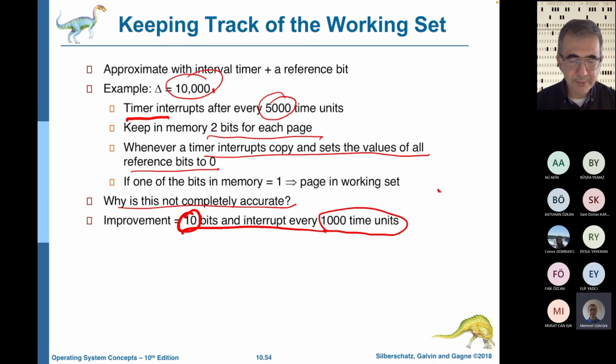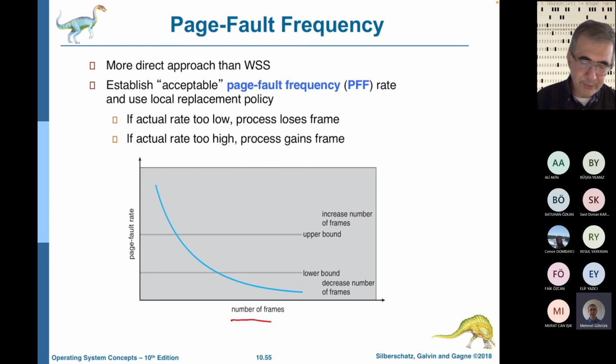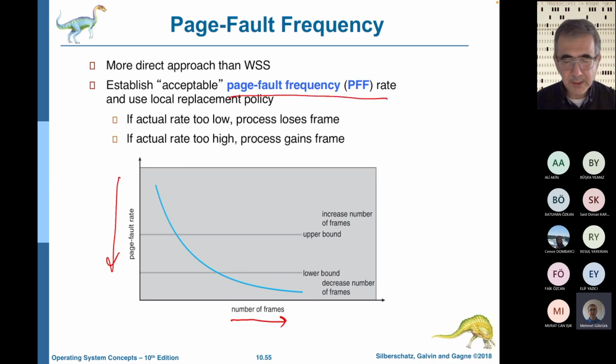So 10 bits of reference counter, page reference counter for 10,000 instructions. When the number of frames increases, the page fault rate decreases. So an acceptable page fault frequency is very low, 0.000000001 or something like that is acceptable.